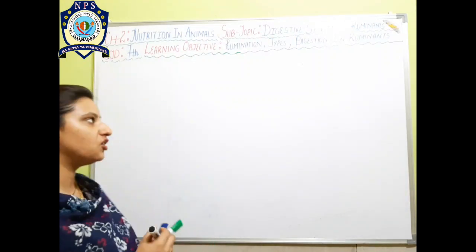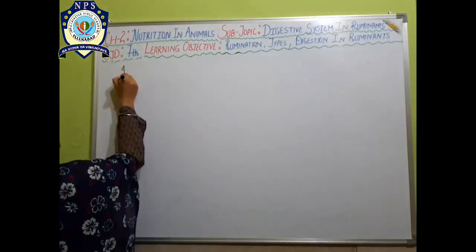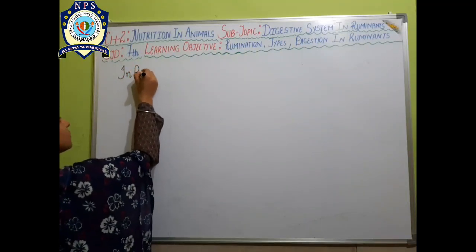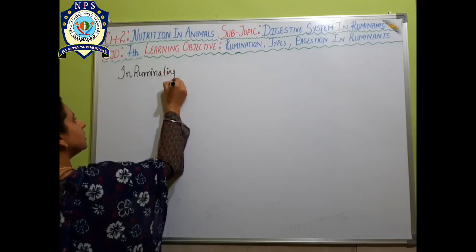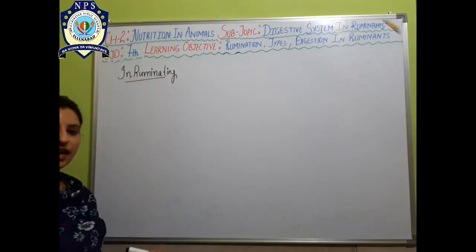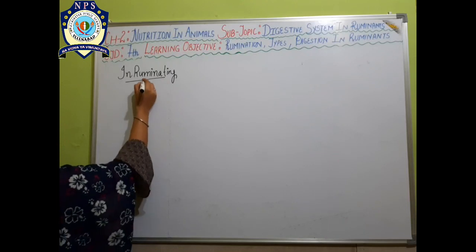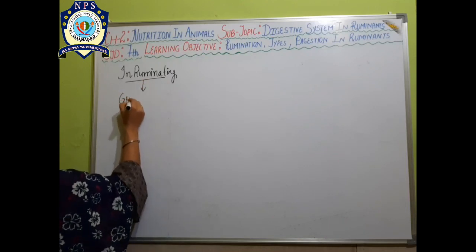So first, in ruminating animals. Ruminating animals are also called grass eating animals.